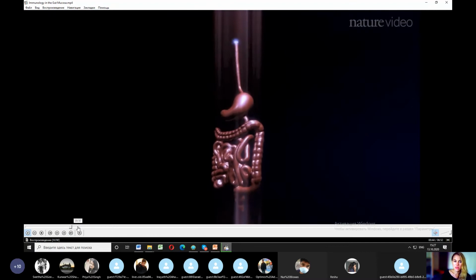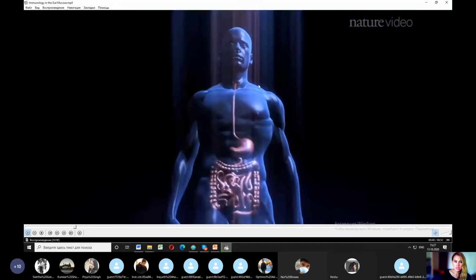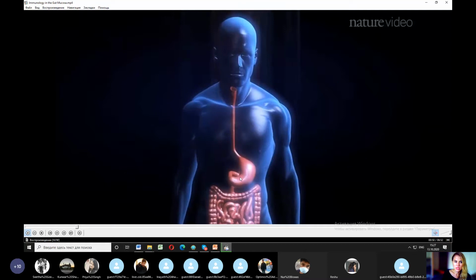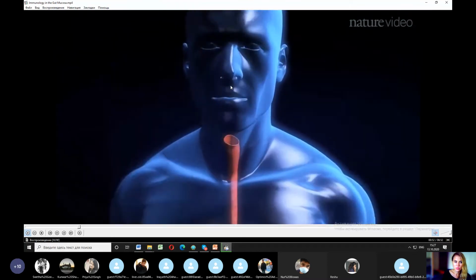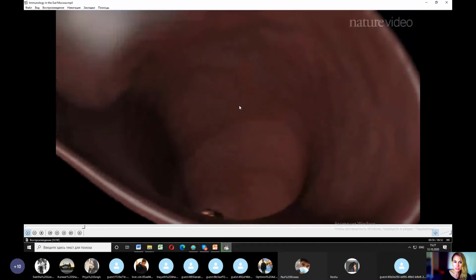Now we can see the digestive system structure, and what happens when some food and probably some pathogenic flora invades our digestive system.